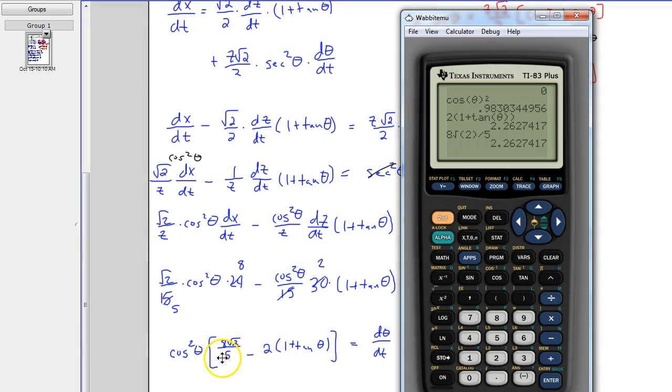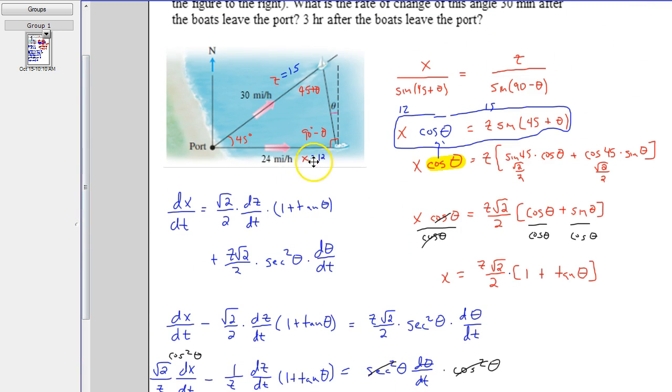So when we subtract those, we get 0. So that means that the angle is not changing at that time. So the speed that this one's going, even though this one's going a little bit faster, with that angle being what it is, moving it back a little bit due to the fact that this one's not moving parallel to it.